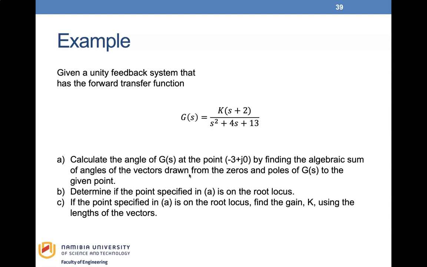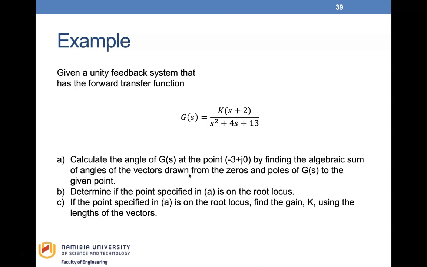A. Calculate the angle of G(s) at the point -3 plus j0 by finding the algebraic sum of angles of the vectors drawn from the zeros and poles of G(s) to the given point. B. Determine if the point specified in A is on the root locus. And C. If the point specified in A is on the root locus, find the gain K using the lengths of the vectors.